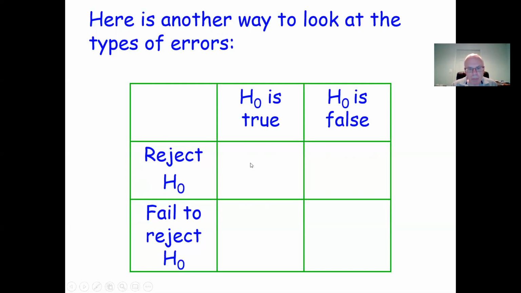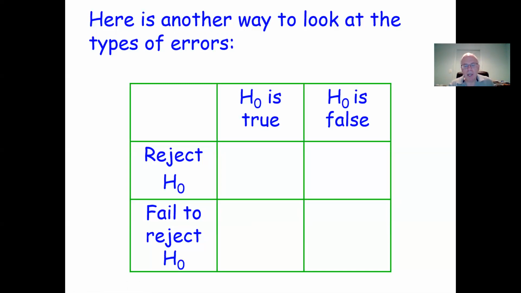All right. So the question is, what do we put in these boxes here? What words do we put? Well, we're either going to put the words correct decision, meaning we made the correct decision when we came to our conclusion with the statistical test, or we made an error. All right.